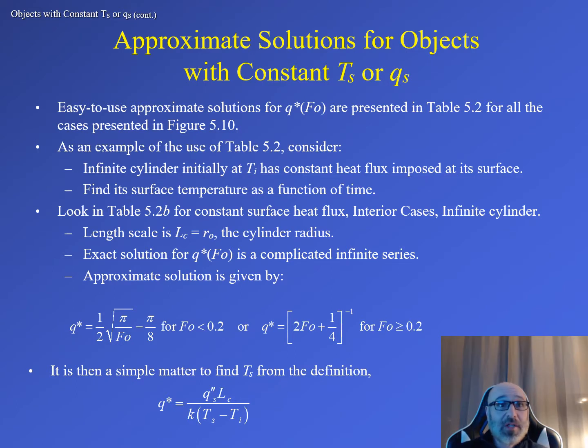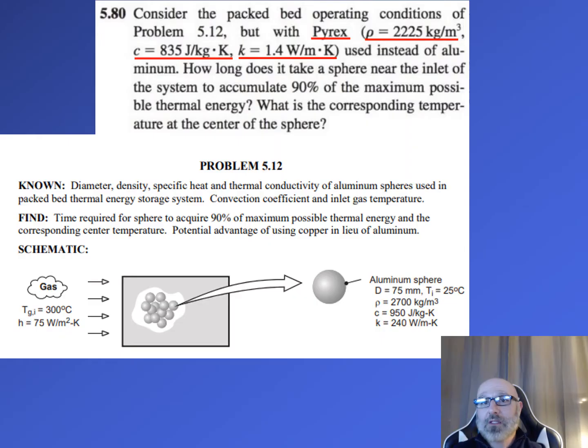If we take a look down here for our approximate solution, we can see that this is a little bit more simplistic. So we have this right here for our Fourier number less than 0.2 and for our Fourier number greater than 0.2, which we also got from that table. Then it is a simple matter to find our TS from the definition right here, so we can back our TS out of this relationship. So now let's apply some of that theory and governing equations to an example problem.